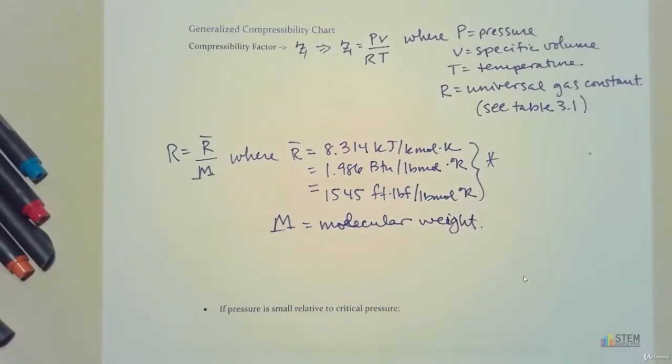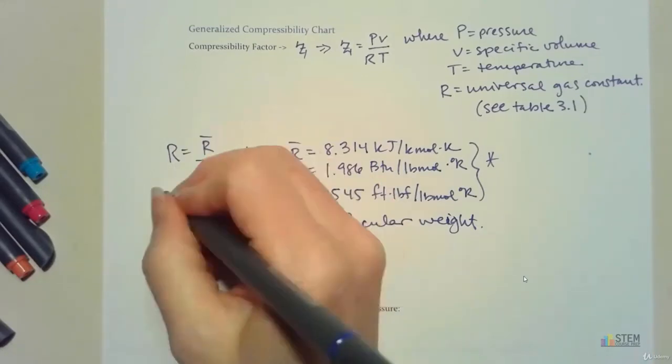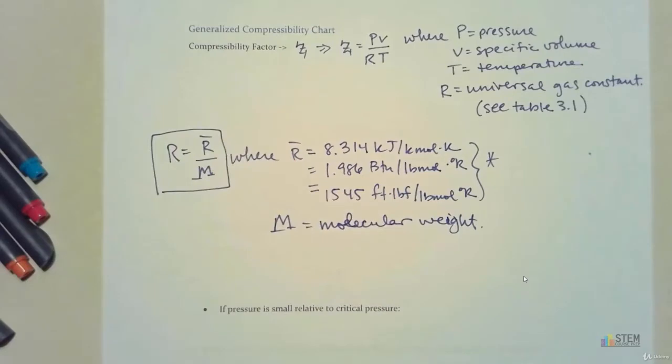We covered that when we did that example where we were finding the number of moles present in a system, and then we found molecules. We talked about molecular weight, which can be found in table A1. So this equation we want to highlight because you will need it again.